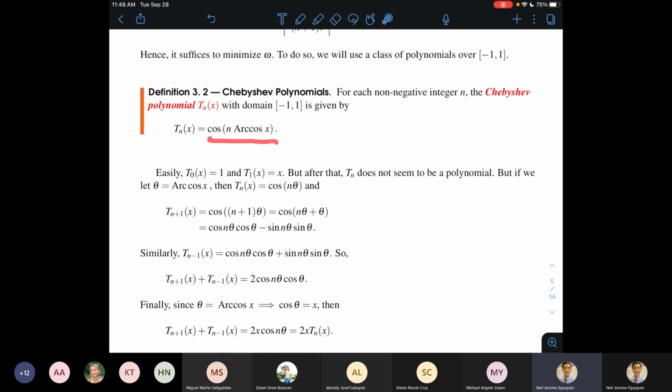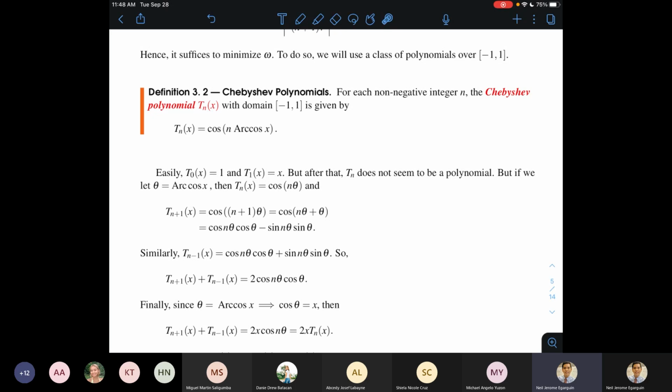And it is defined to be cosine of n r cosine of x. And by the looks of it, you will see why the domain is from -1 to 1. Because x's will come inside r cosine, and r cosine is defined only from -1 to 1. So even though they are called polynomials or Chebyshev polynomials, they are only defined on the interval -1 to 1.